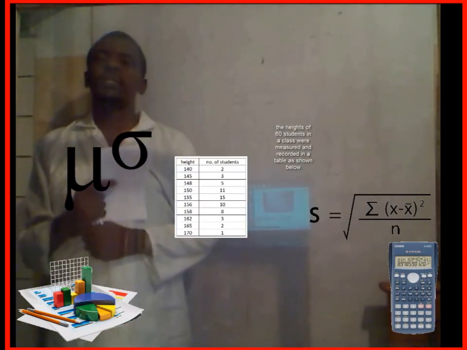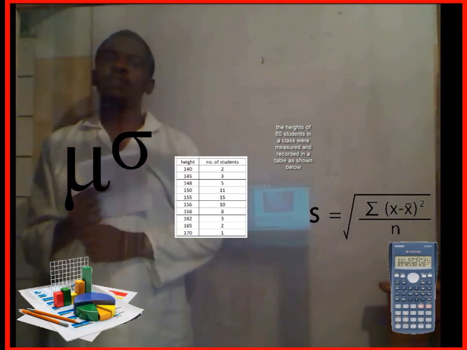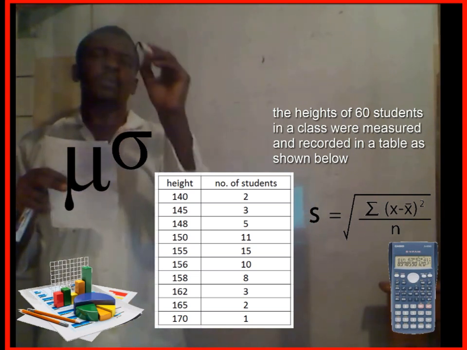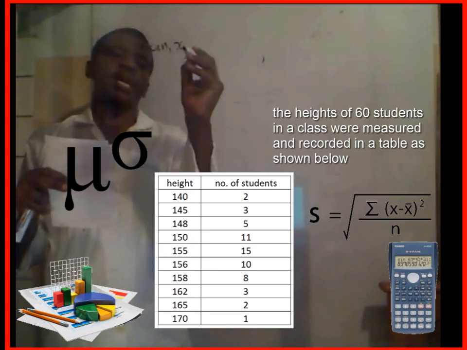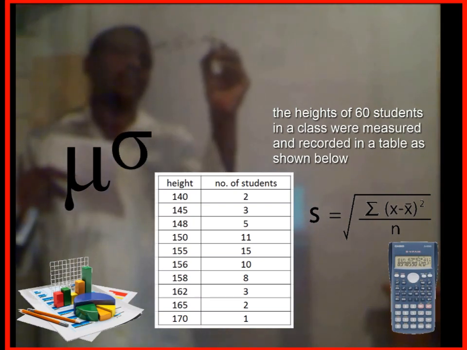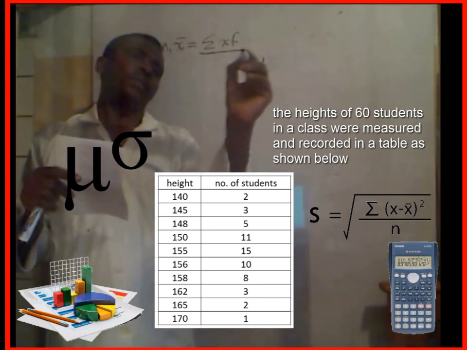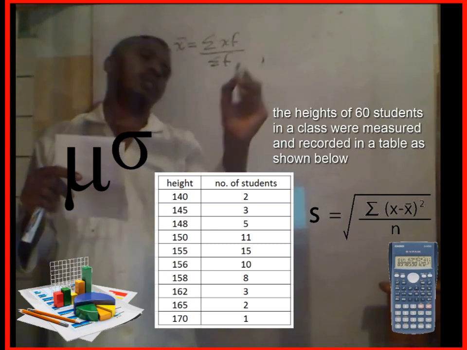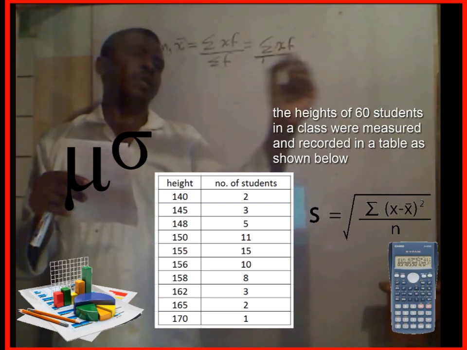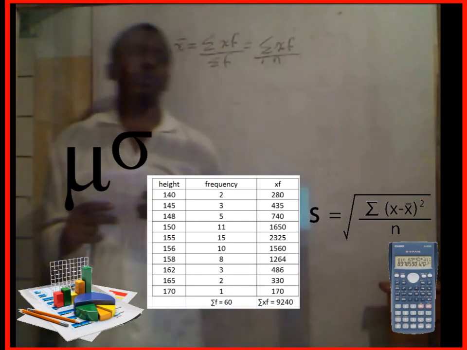Let's say we are given this data that has been summarized in a frequency table to find the standard deviation. So we start by calculating the mean. The mean, which we call x bar, is equal to the summation of the product of score and frequency divided by the summation of the frequency, which is the same as the summation of the product of score and frequency divided by n, because the summation of frequency is equal to the number of scores.